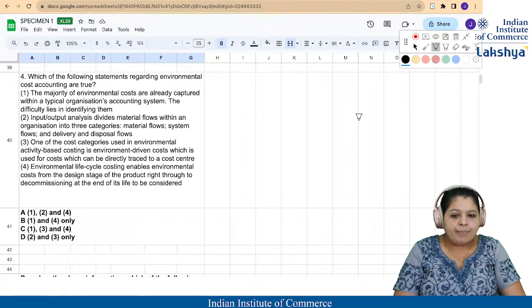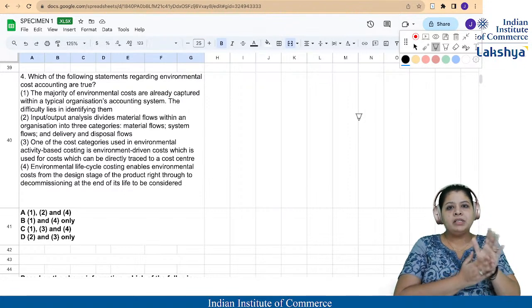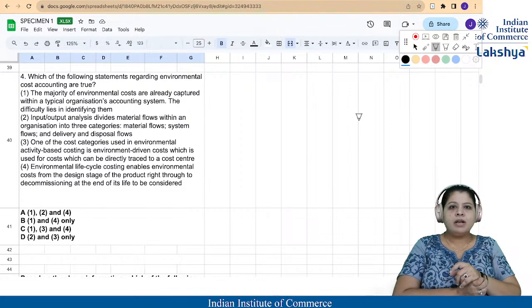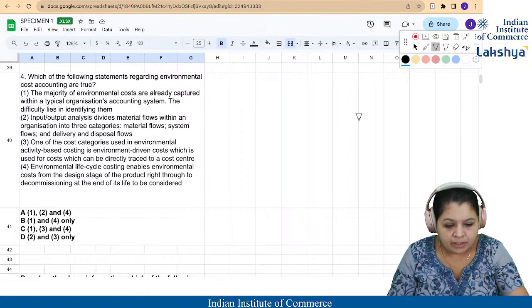That does not happen with environmental cost because you can't have a proper cost pool for that, right? Environmental cost is mostly something like a carbon footprint, which does not happen with one process that the company does. So this definitely is a wrong point. So whichever option you see below has 2 and 3 together, or 2 or 3, would definitely not be the correct answer, right?